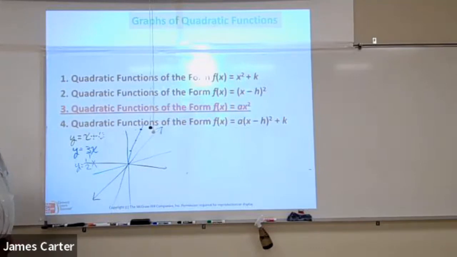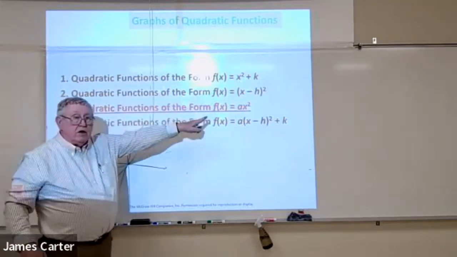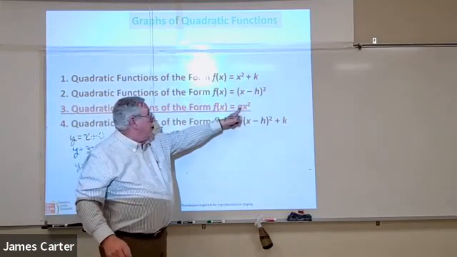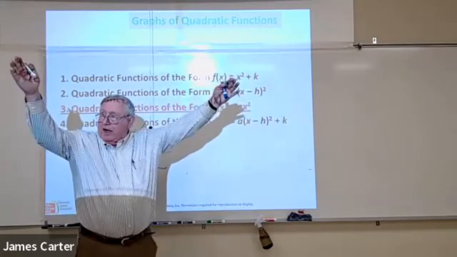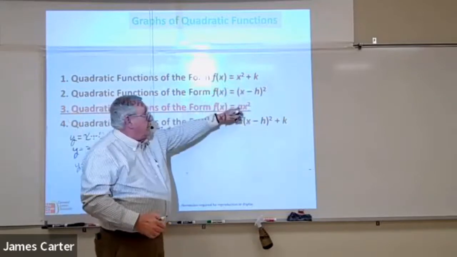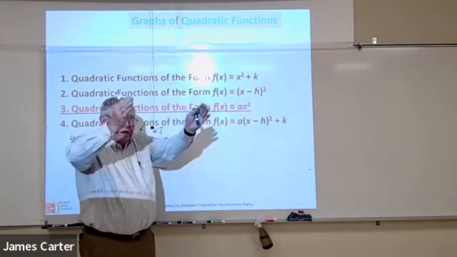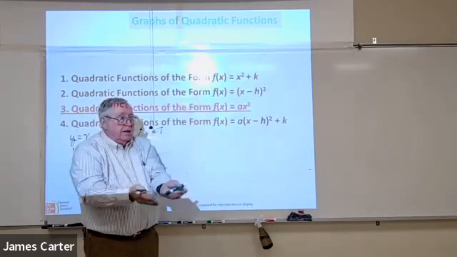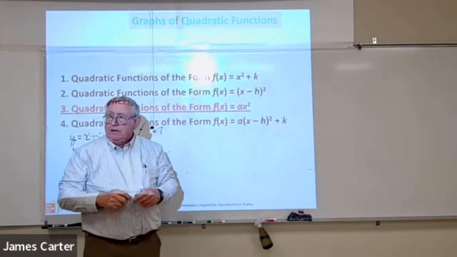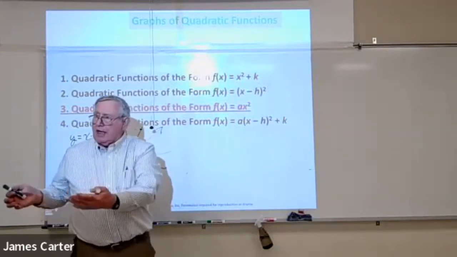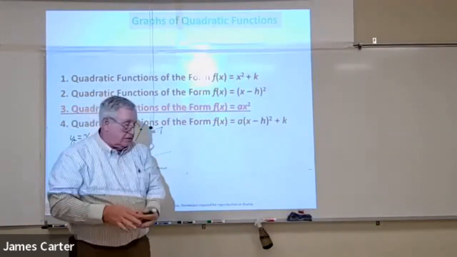Okay? And the same will be here. If I have a 1/2 here, it's going to curve out wider like that. If I have a 3 here, instead of going at this angle, it's going to go at a steeper angle. So it's going to behave just like lines do in that respect.